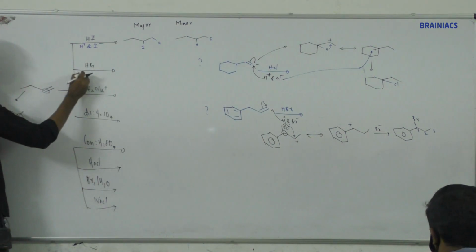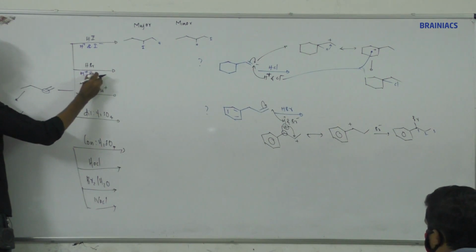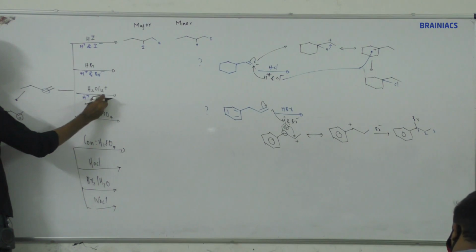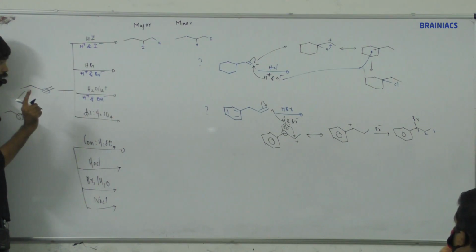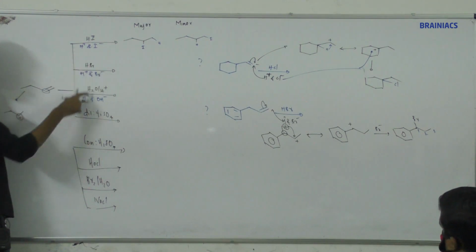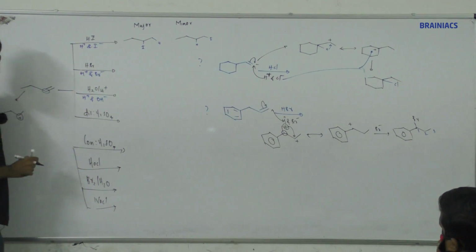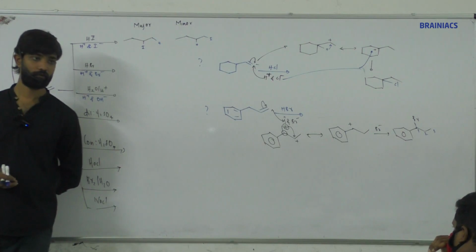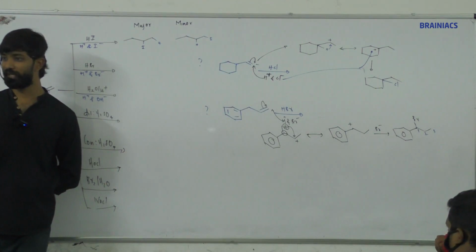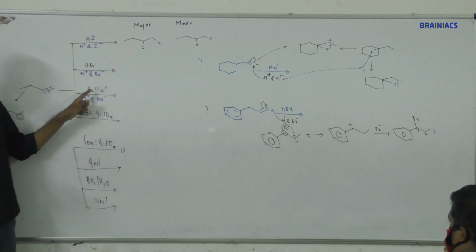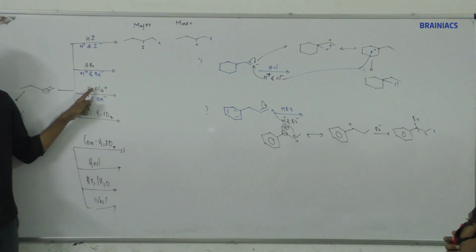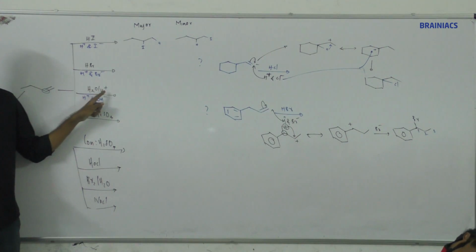H plus and Br minus, H plus and OH minus. Listen. This much is okay. What about dilute H2SO4? Dilute means the content of water is there in the presence of an acid, something like water in acid. Dilute H2SO4 means H2O in H plus.